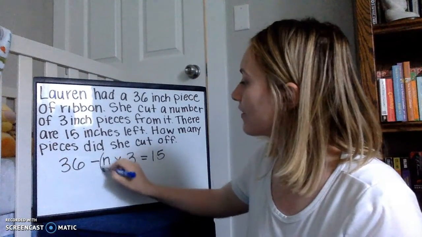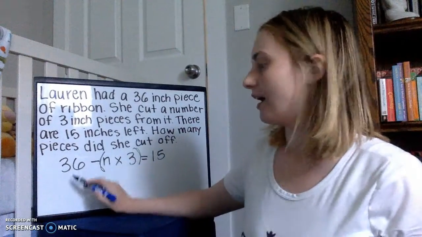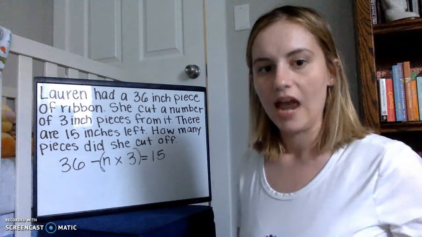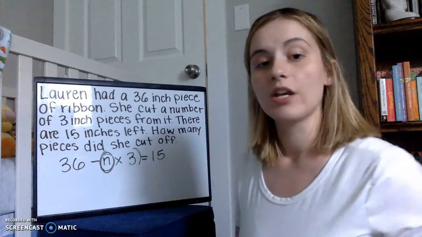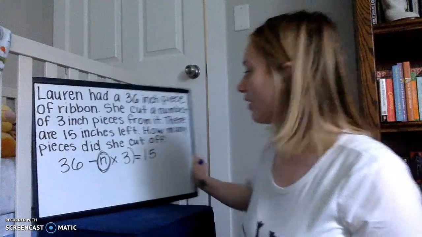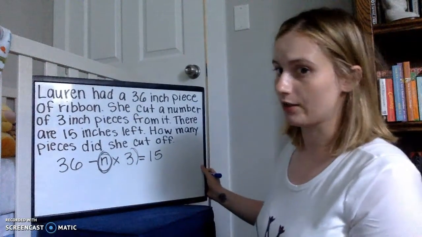I'm going to put this in parentheses because this is what number subtracted from 36 is going to get me to 15. And then I can fill out n after I figure that out. In order to do that, let's just do 36 minus 15. So here we go. 36, and let's stack up our numbers because that's how we like to do our subtraction, right?